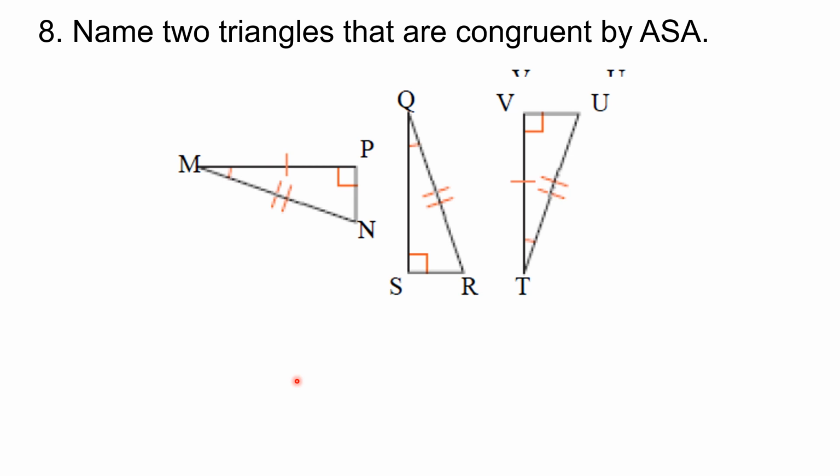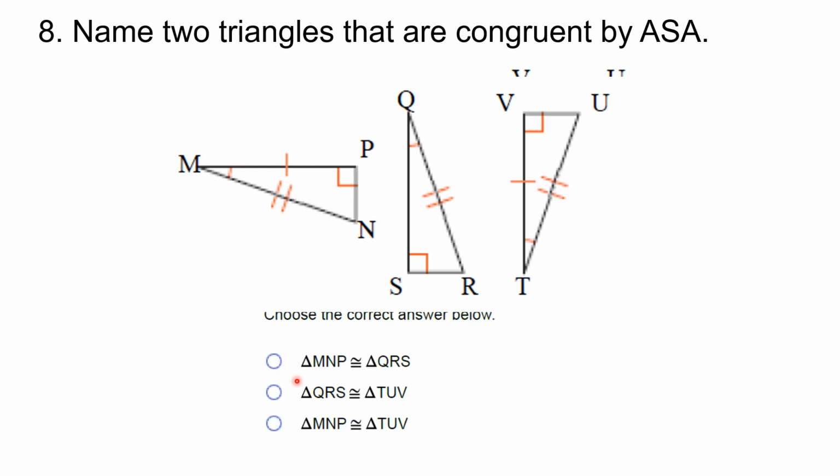And now we need to name these triangles. You're given these 3 options. It says choose the correct answer below. Triangle NMP is congruent to triangle QRS. Second option is triangle QRS is congruent to triangle TUV. And the last option is triangle MNP is congruent to triangle TUV.